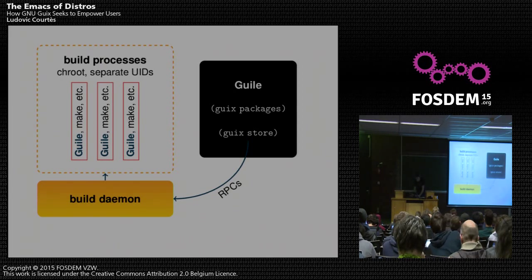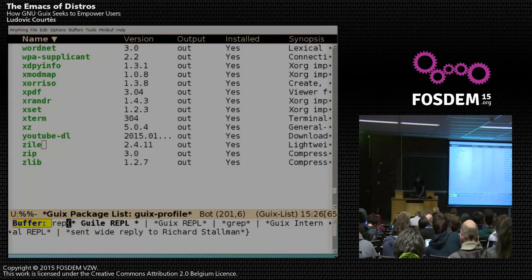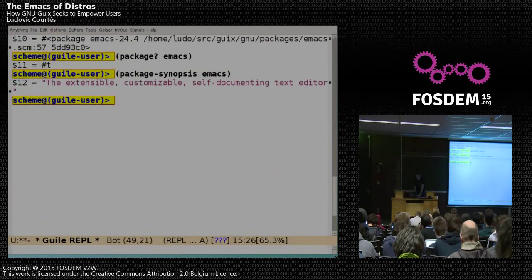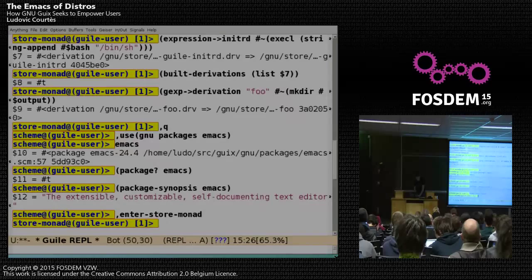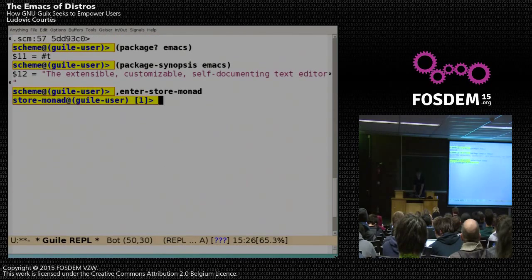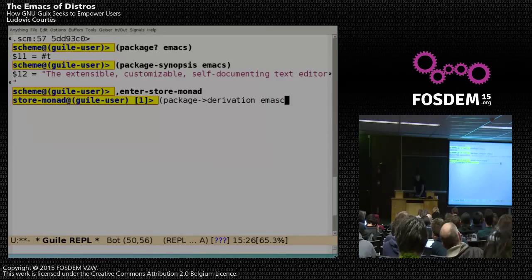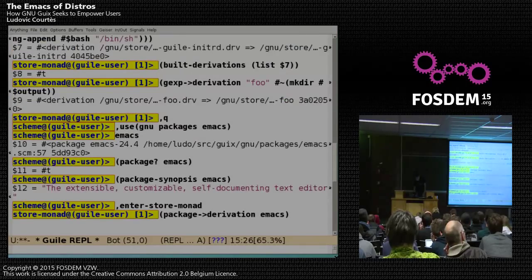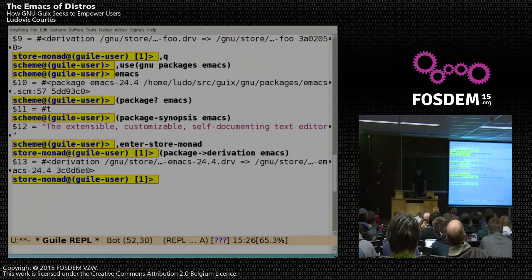So that's pretty cool. Let me give you an example. If I go back to the REPL, I can say enter store monad, which means I'm going to do stuff which modifies the GNU store directory. Let's compile this Emacs package definition, so let's turn it into a derivation. A derivation is a low-level representation of the package build actions. I'm getting those weird file names.